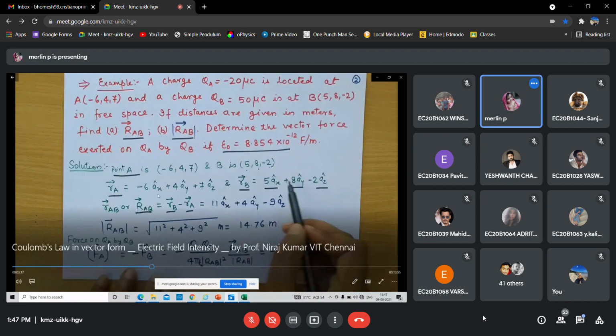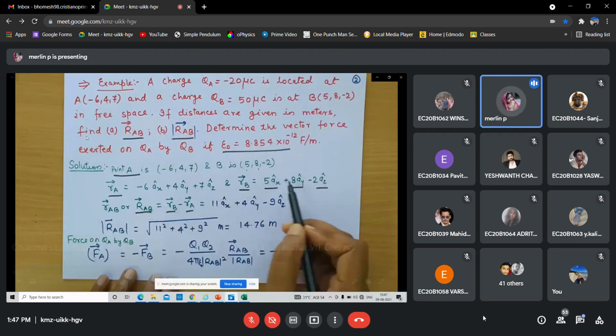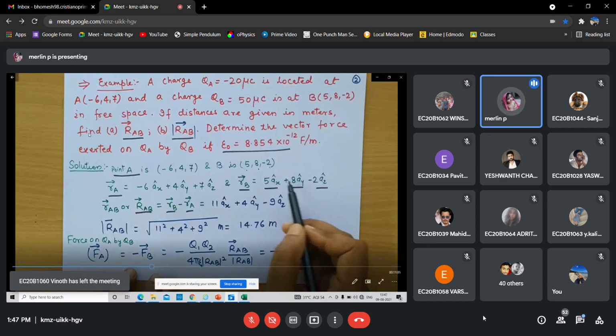Then what have they given? RAB vector we should find. To find it, you should do RB minus RA. How will we do this? RB minus RA. We have x, y and z, that is AX, AY and AZ coordinates. You have to subtract the AX coefficient of RB minus the AX coefficient of RA, then the AY coefficient of RB minus the AY coefficient of RA, and then the AZ coefficient also like this.